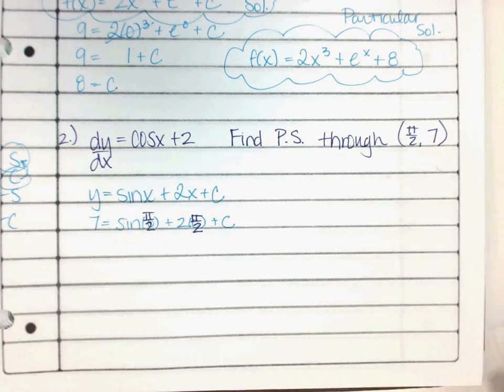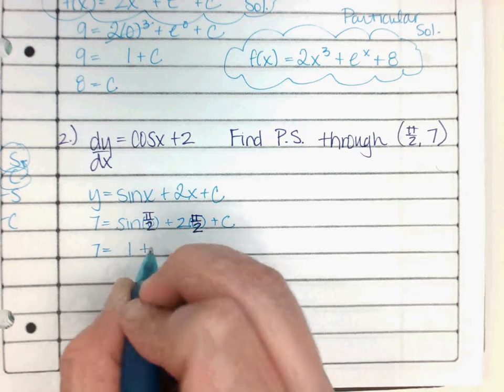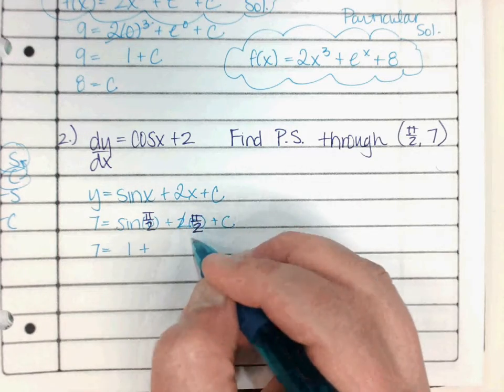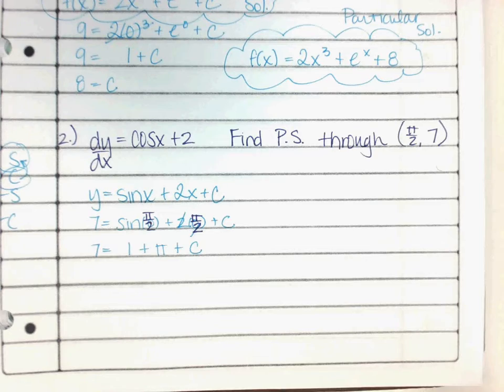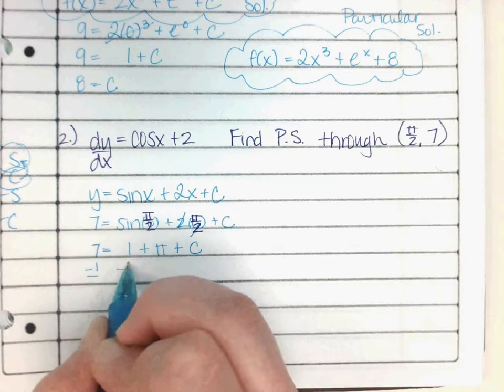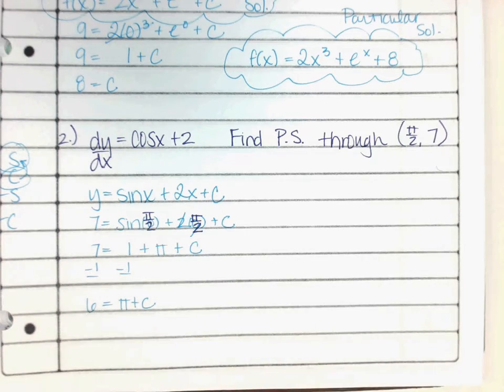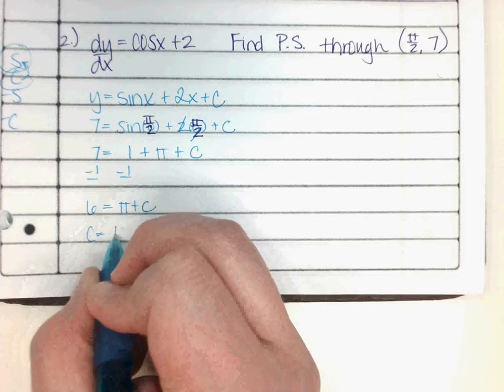So I'd have 7 equals 1 plus, then 2 times pi over 2 is just a what? Pi, because the 2's you can cross out. And then minus the 1 across. So that's 6 equals pi plus c, then what's c? 6 minus pi, good job.